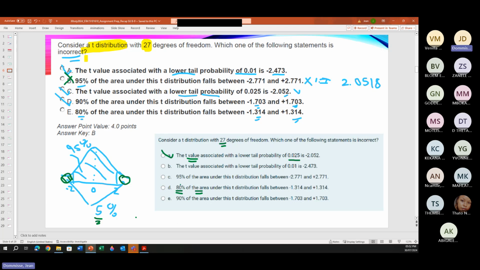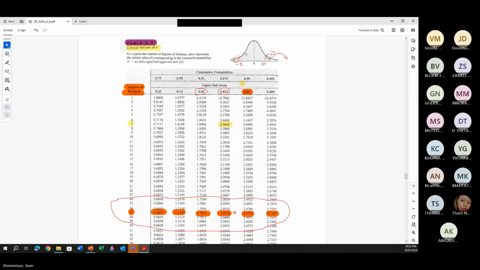Okay, then let's look at one where we're working with, let's say, 80% of the area is between two values. Okay, so let's first draw this again.